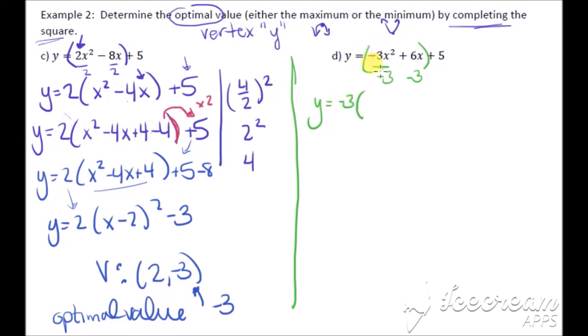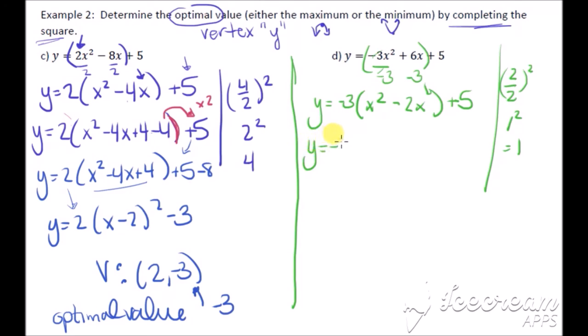So those cancel out, we get x squared, and then that goes to a negative 2x, bracket plus 5. Again, side of your paper, take that 2, divide by 2, and then square it. So we get 1 squared, which is 1. So inside this bracket, I'm going to rewrite the entire bracket, but we're going to add 1, subtract 1.